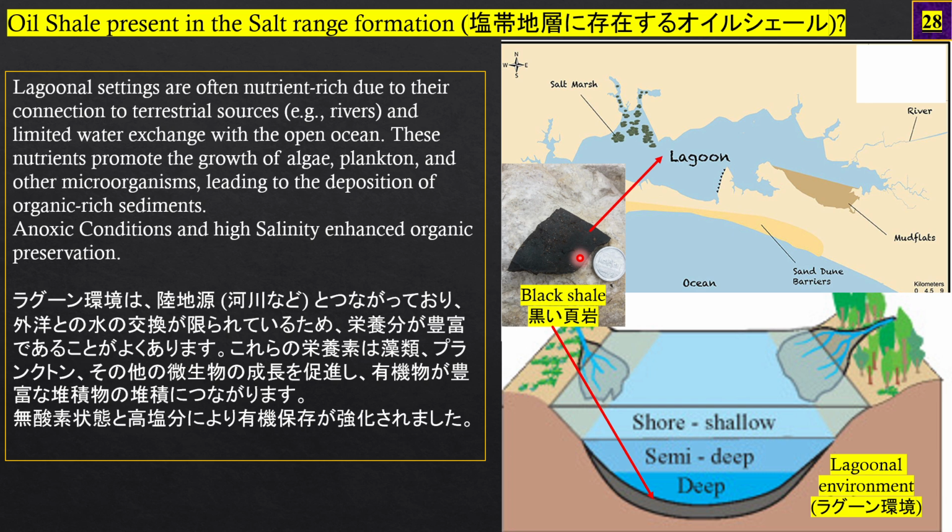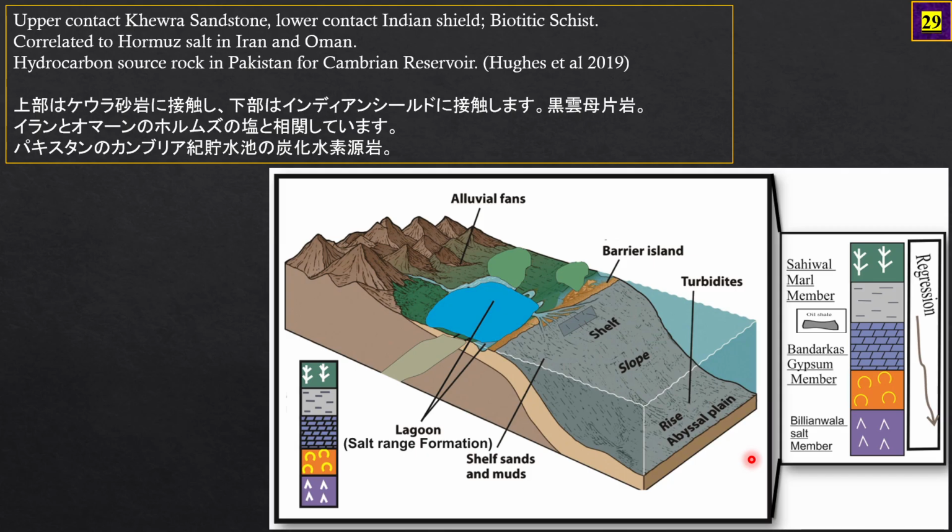So basically the oil shale in the Salt Range formation is because of the deep lagoonal environment. The upper contact is with Kussak sandstone, the lower contact with the schistose rock of the Indian plate. It is also correlated to the Hormuz salt in Iran and Oman, but in Pakistan it is a good hydrocarbon source rock for the Cambrian reservoir.